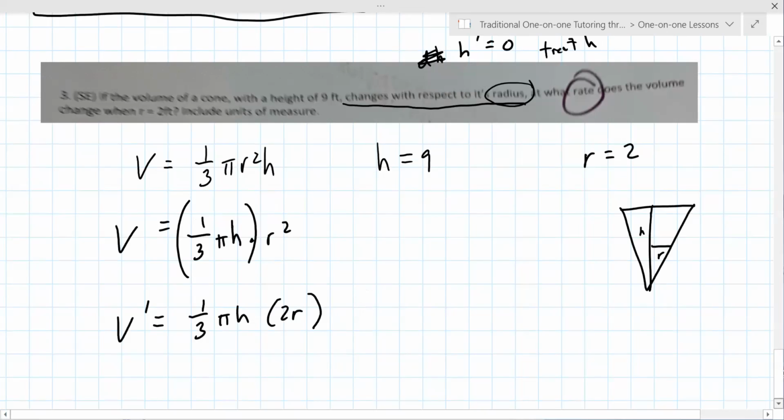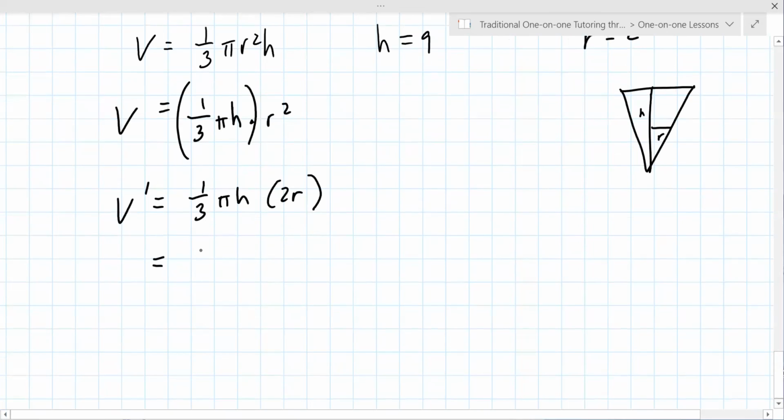I'm sorry, there's just so much wrong with this, but we'll just go with this. So you have h is 9, and r is 3, and you can carry this out from here. 1/3 of 9 is 3. This is 6. This is 18 pi.